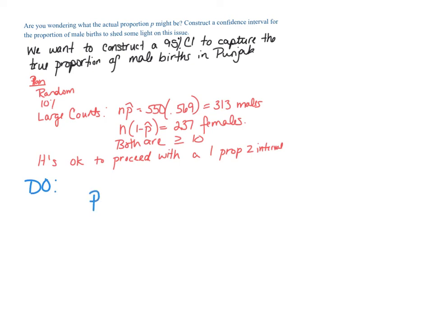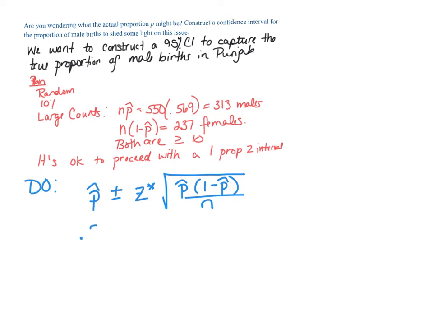So I just kind of begin by writing that's equal to P hat plus or minus my Z star times the standard error. Remember, it's standard error because I'm estimating with P hat. So P hat times 1 minus P hat over my sample size. And then I'm going to fill in.